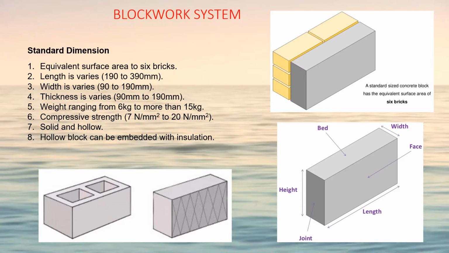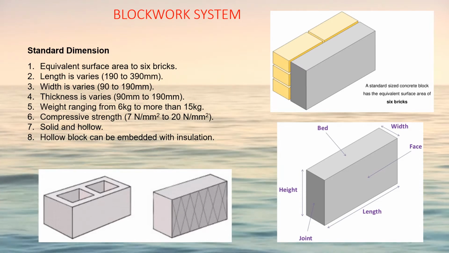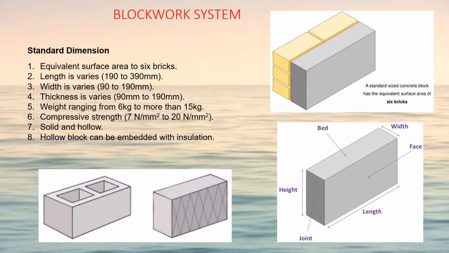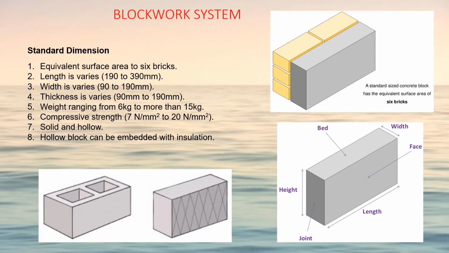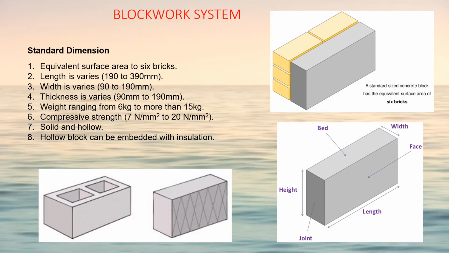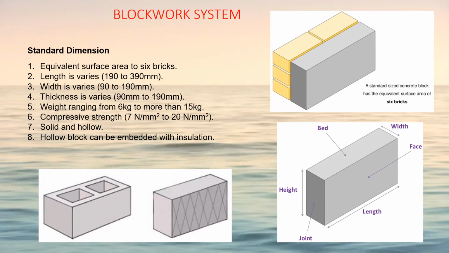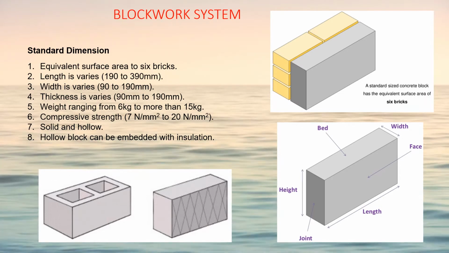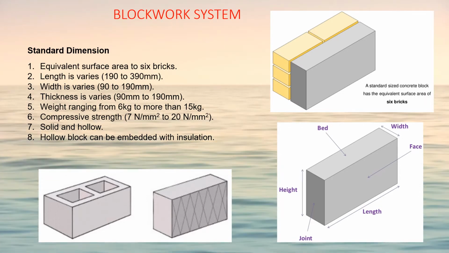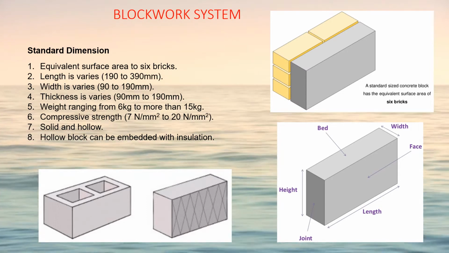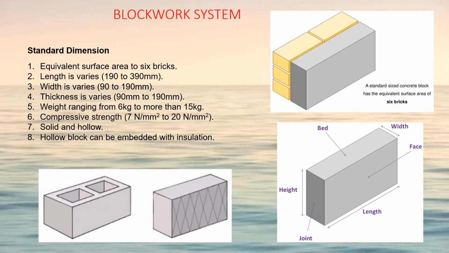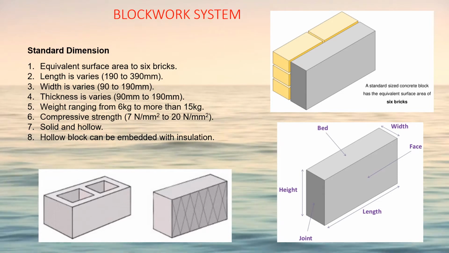The width is varying from 90 mm to 190 mm. Number 4. The thickness is varying from 90 mm to 190 mm. Number 5. The weight ranging from 6 kg to more than 15 kg.